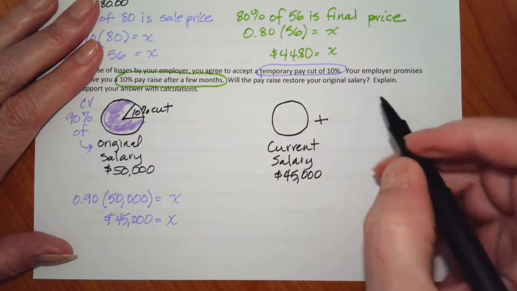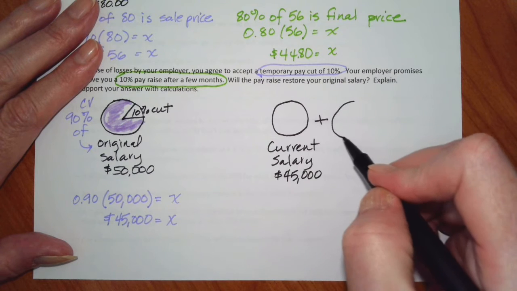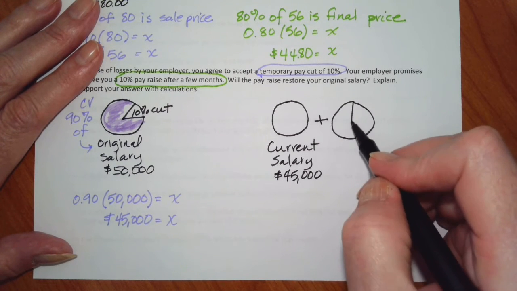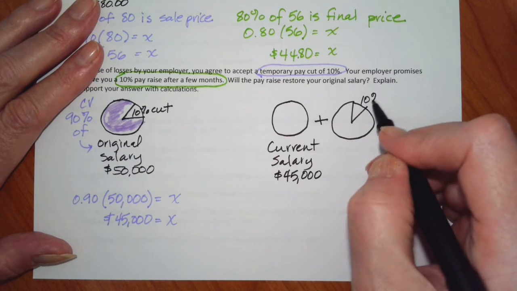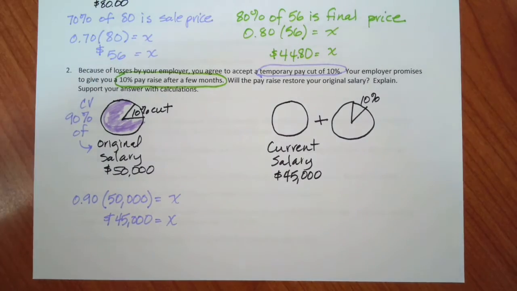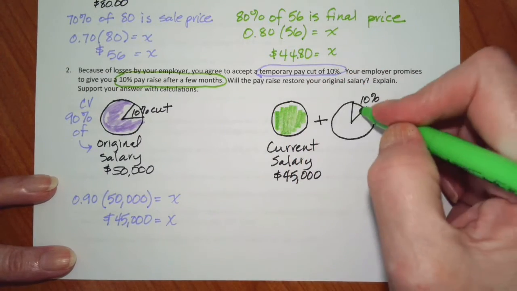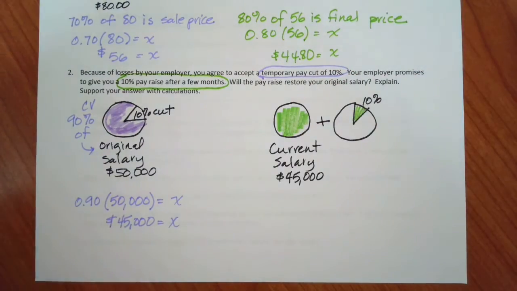So he's going to give you that plus 10%. So we're going to have the 100% plus the 10%.